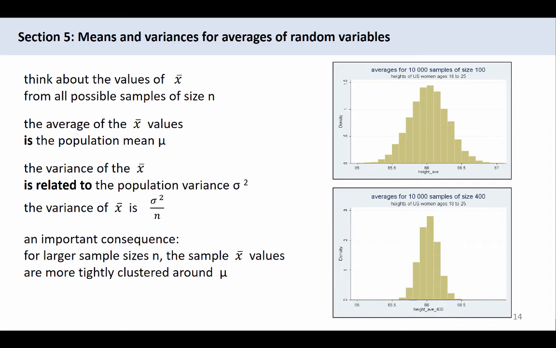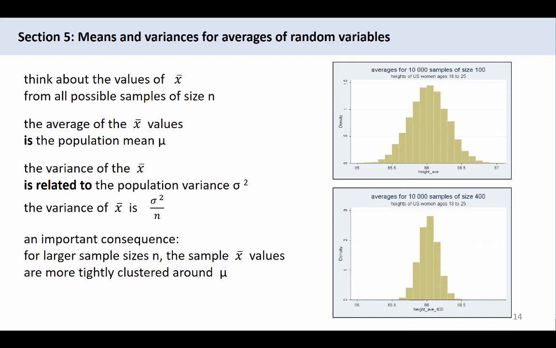And that's because of that sample size n in the denominator. Here's an illustration from the reader where I've deliberately had Stata plot things on the same horizontal axis. The top graph is a histogram for averages for 10,000 samples of size 100.